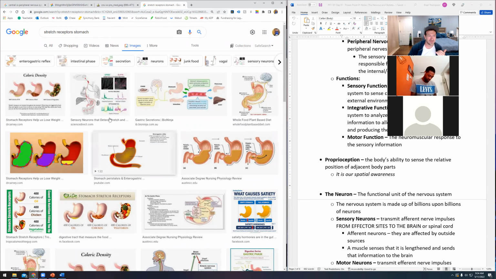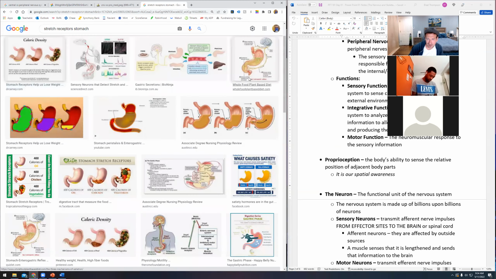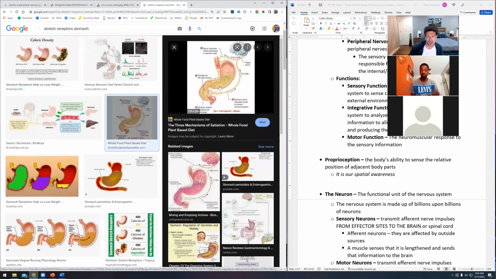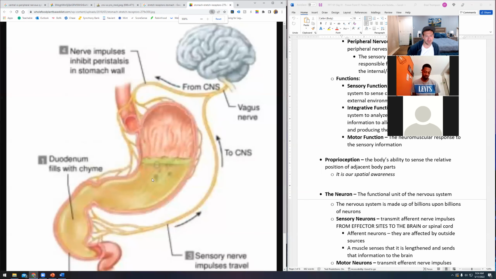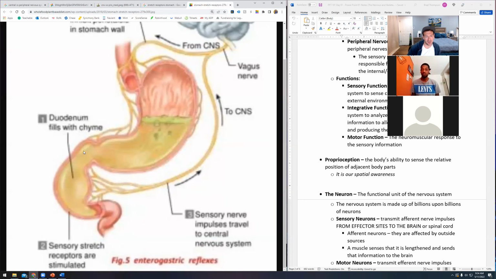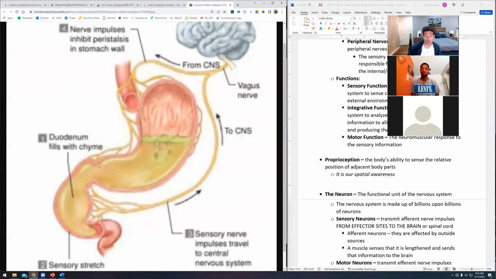Okay. So if you look at your stomach here, actually I don't need the caloric density picture. There we go. Right about here at the very bottom portion, there are some little sensory receptors. And that's actually part of your nervous system.